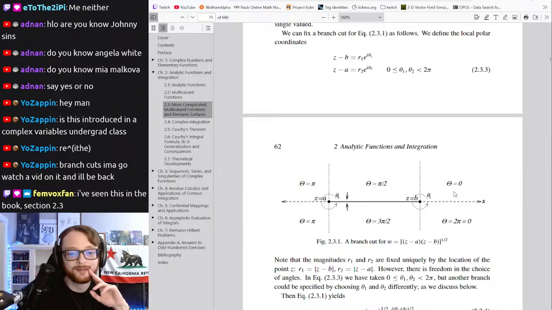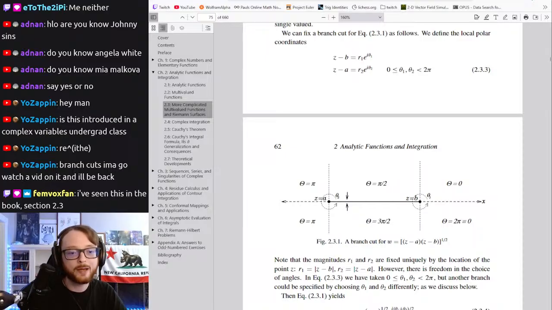Like, big theta is certainly not 0 everywhere in this zone. I wonder if I should maybe reorganize it so that big theta is 0 on that line.